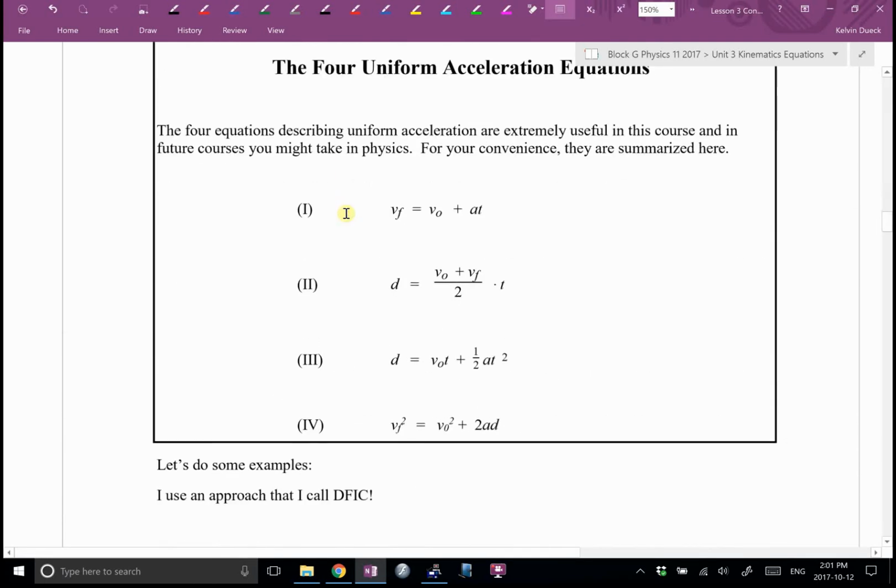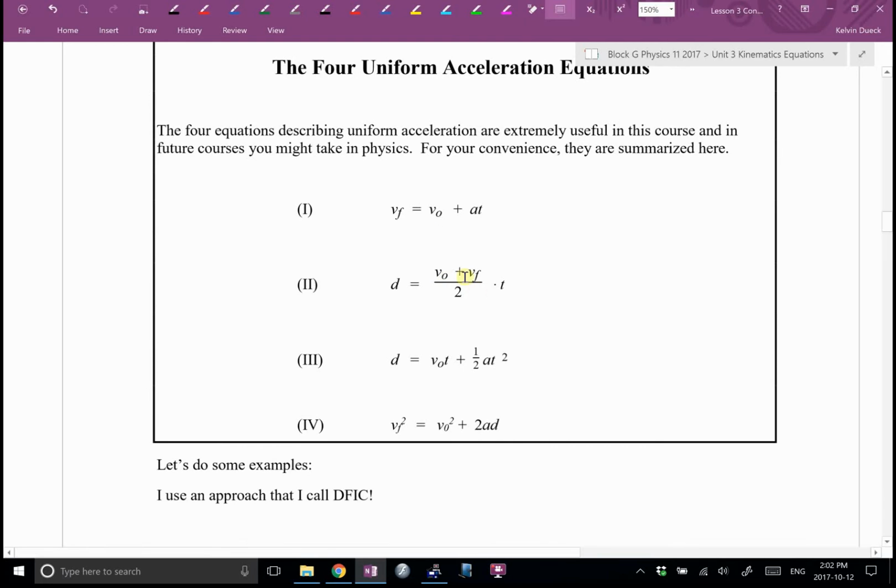So on the next page, these are the four uniform acceleration equations. There's two different ways to write these. I will use a little I for initial and an F for final. But if you're ever looking at a British handout, instead of initial, they use a 0. In fact, they'll say it V naught, because 0 is not in England.